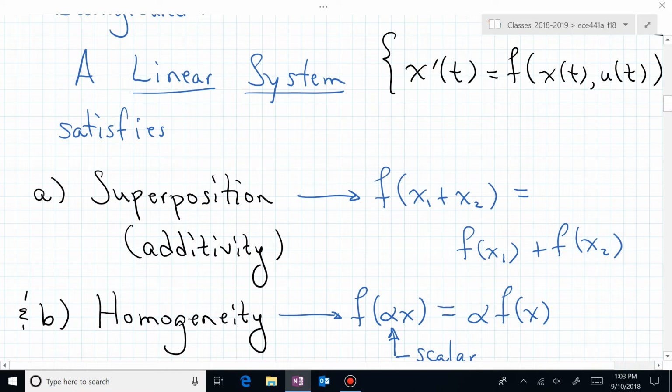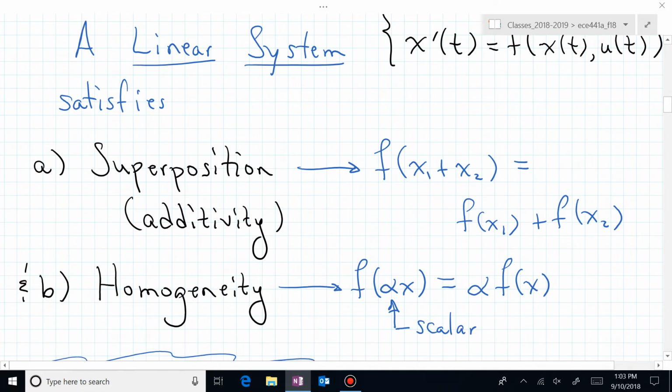For that system, x prime equals f of x and u, to be a linear system, it needs to satisfy superposition, which means if you had an argument of x1 plus x2, where x1 could be a vector of x's and x2 is a different vector of x's, then the functional form of their sum is equal to f of x1 plus f of x2, and it satisfies the additivity property, or superposition.